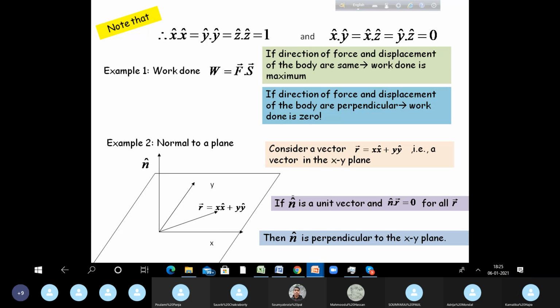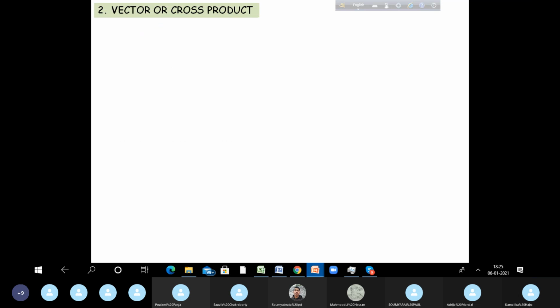Okay, so I'll move over to my next slide. The other kind of multiplication is the vector or cross product. So we saw that when we take the dot product of two vectors, the result is a scalar. The other type of vector multiplication is the cross product, which is also called the vector product because the result is a vector.